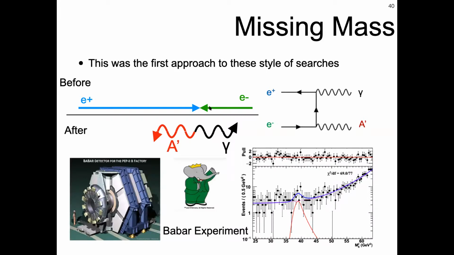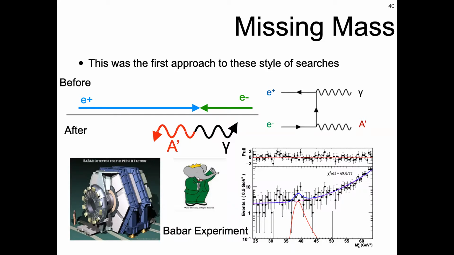The idea here is to construct the missing mass variable. So this is the missing mass, in GeV squared. You make this plot and you just look for a bump. Unlike the monojet searches or monophoton at the LHC, where you have to look for a deviation in the momentum spectrum, now you can actually look for a mass bump.